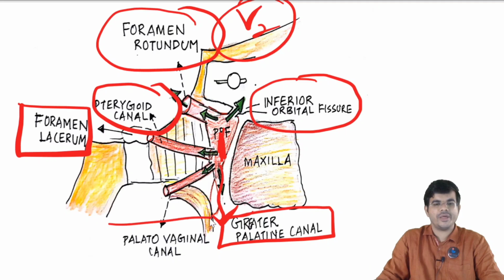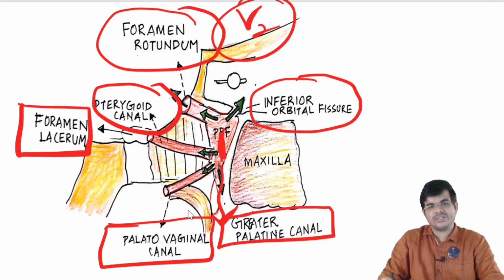Then you have the palatovaginal canal connecting it with the nasopharynx, and so these are the various structures that are seen in the pterygopalatine fossa. You will be learning more about pterygopalatine fossa when you are dealing with JNA, because JNA spreads through the fissures and foramina of the pterygopalatine fossa.